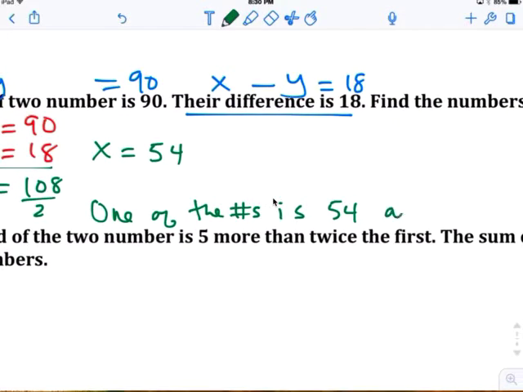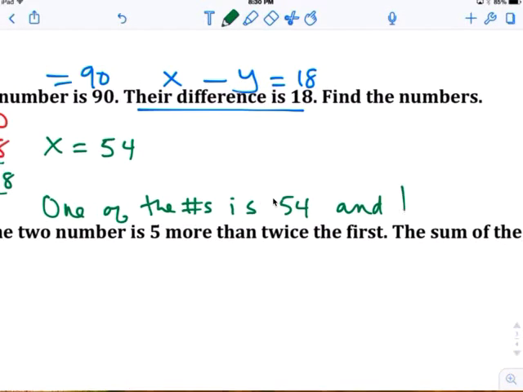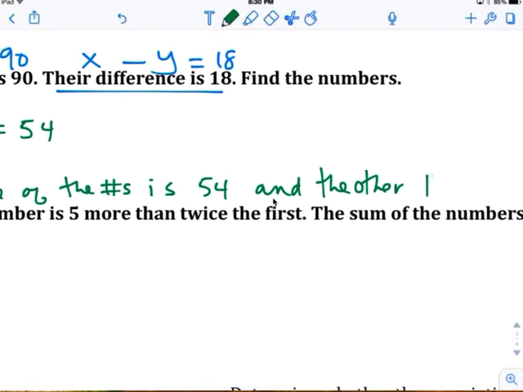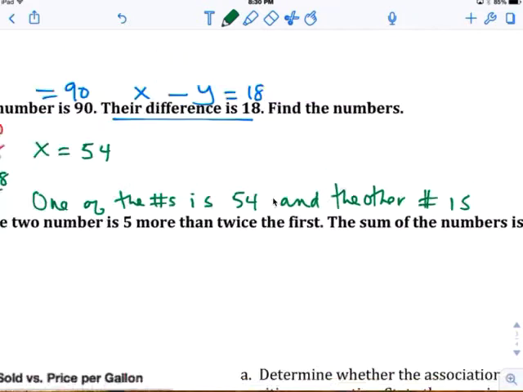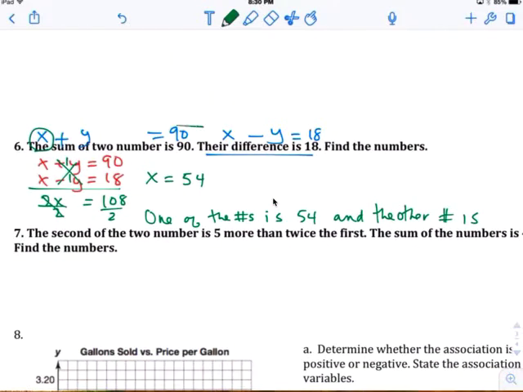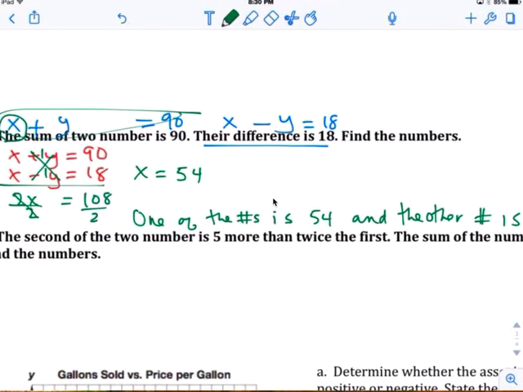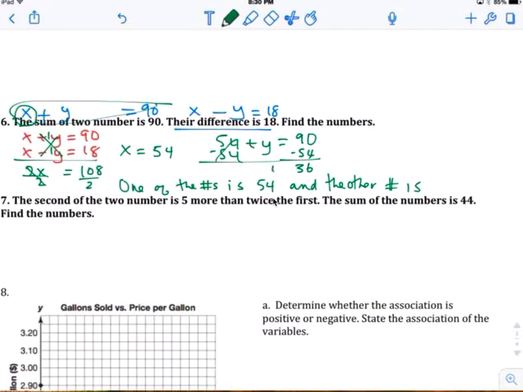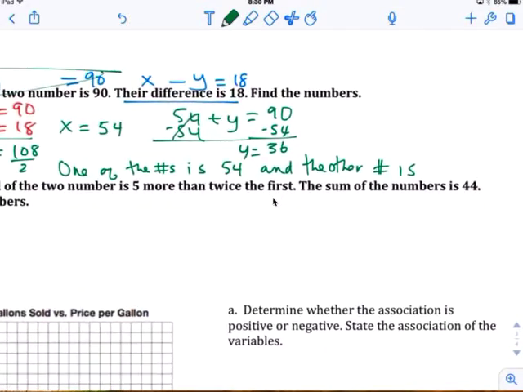And the other one, well, we know they both add up to 90, right? So 54 plus another number equals 90. You can subtract to find that other number. You get 36, correct? So the other number is 36.